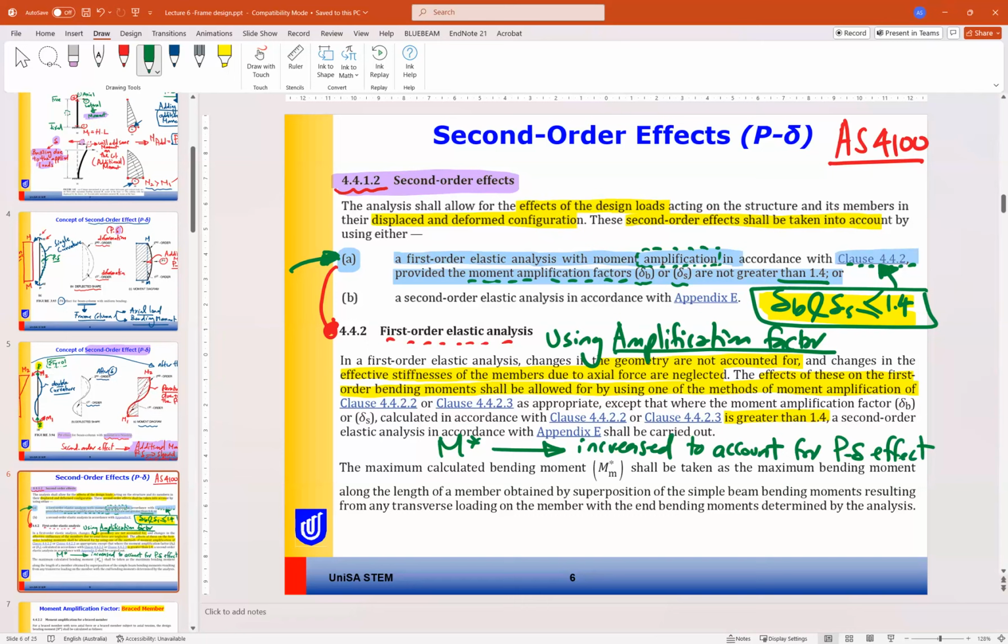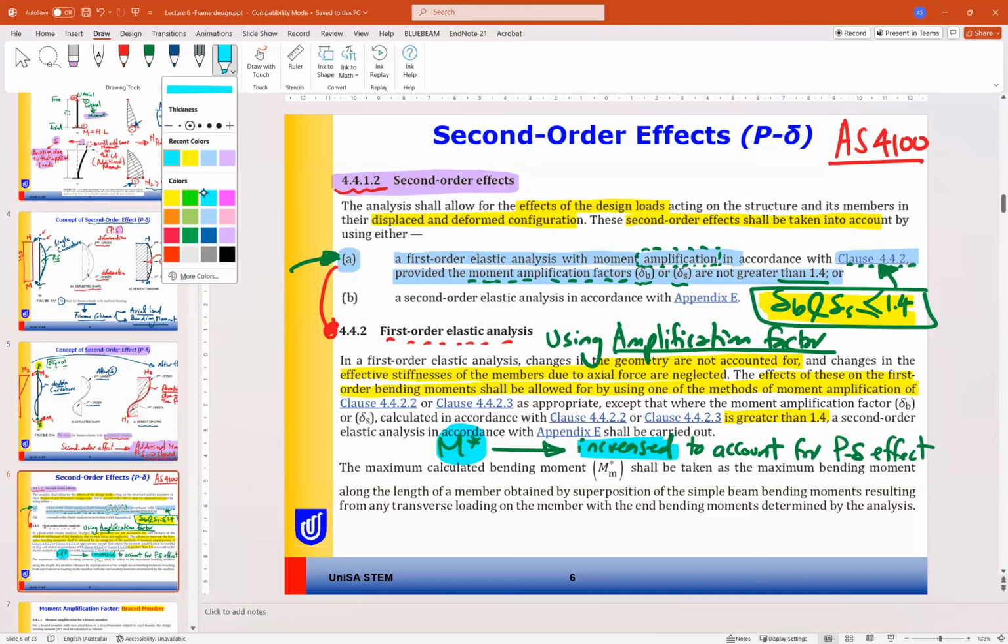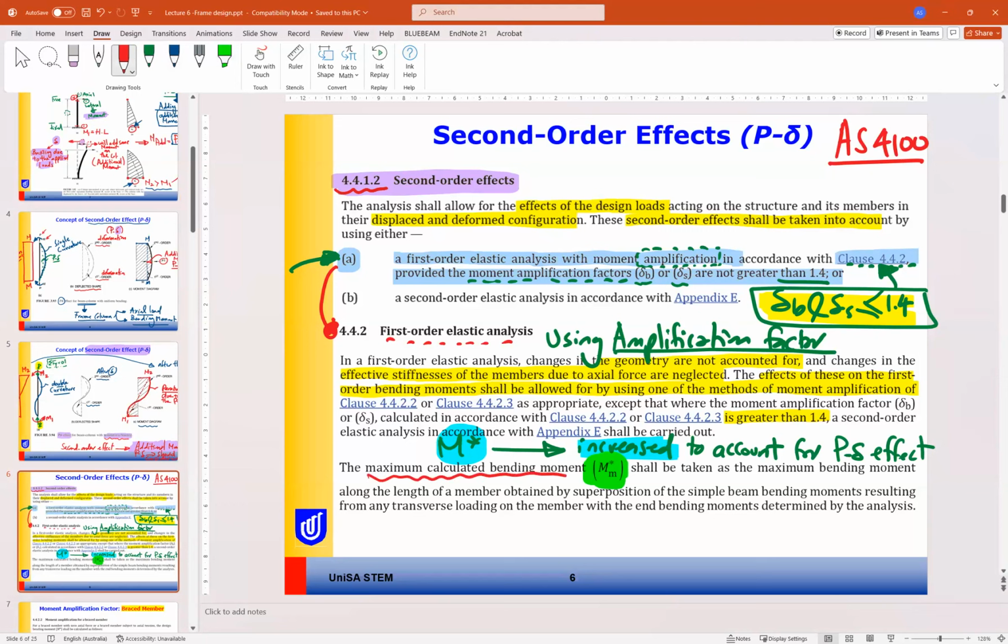What we will do is just follow the standard's procedure to find an increased moment to design for. The increased moment is our new design moment, M asterisk M. So this means our design moment will not be M asterisk, it will be M asterisk M. M asterisk M accounts for the B delta effect.